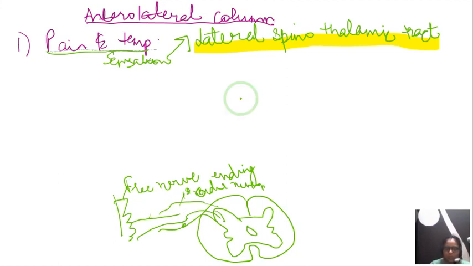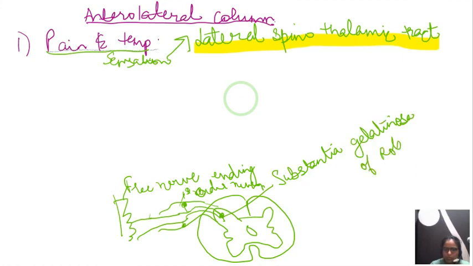If we see the lateral spinothalamic tract, these are carried by the receptor free nerve endings. Then in the dorsal root ganglion, it forms a first order neuron. Then from here to here, in the dorsal gray horn, good. In the dorsal gray horn, we have the nucleus called the substantia gelatinosa of Rolando.